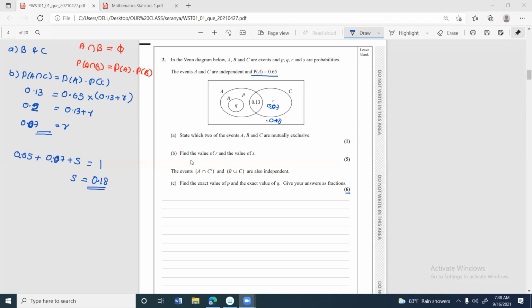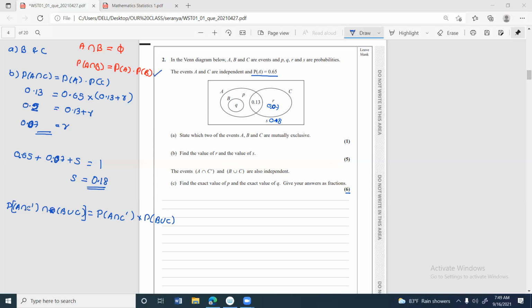If they are independent, what can you say for the probability of A intersection C dash intersection B union C? It should be equal to the probability of A intersection C dash times the probability of B union C. That is a fact we need to understand from this question. It is the same statement we did for independency over here.